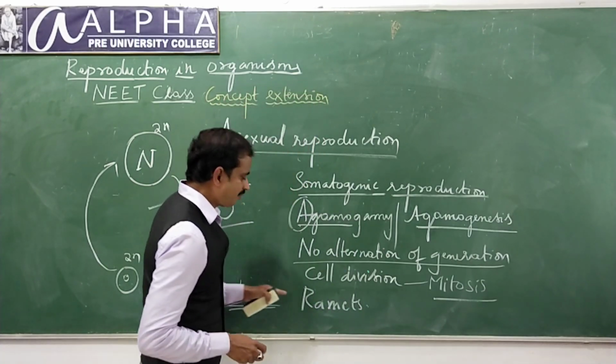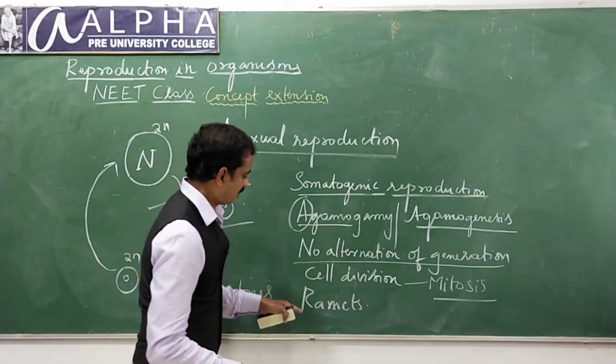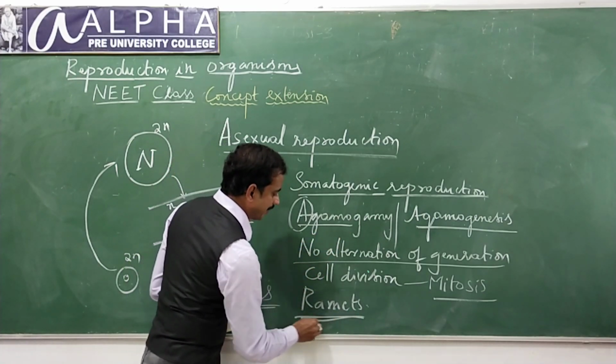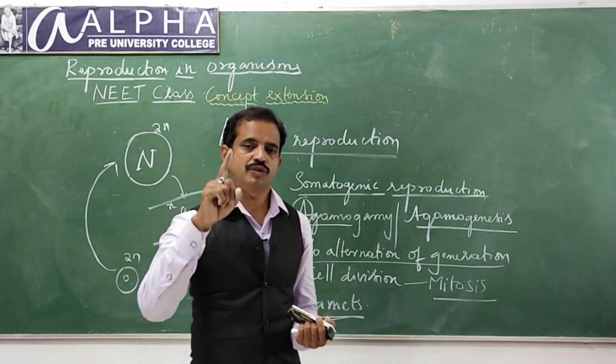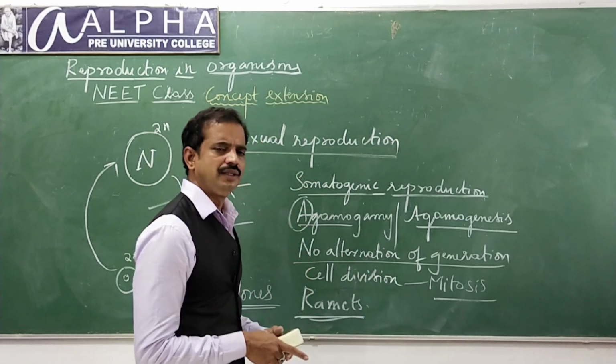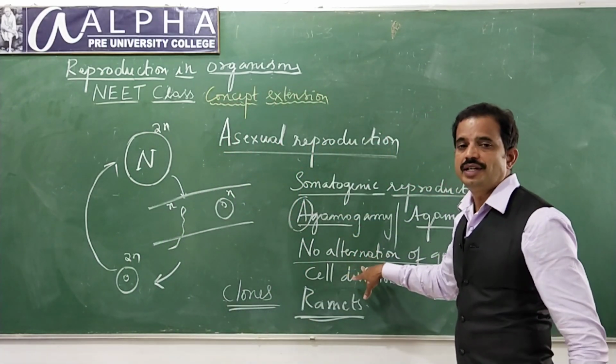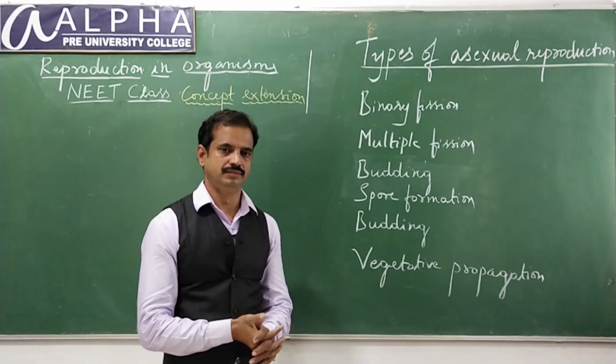So if there are 100 clones, one individual of the clone is referred to by using the term ramet. A ramet is an individual member of the clones. Okay, so this is additional information for you regarding the features of asexual reproduction.